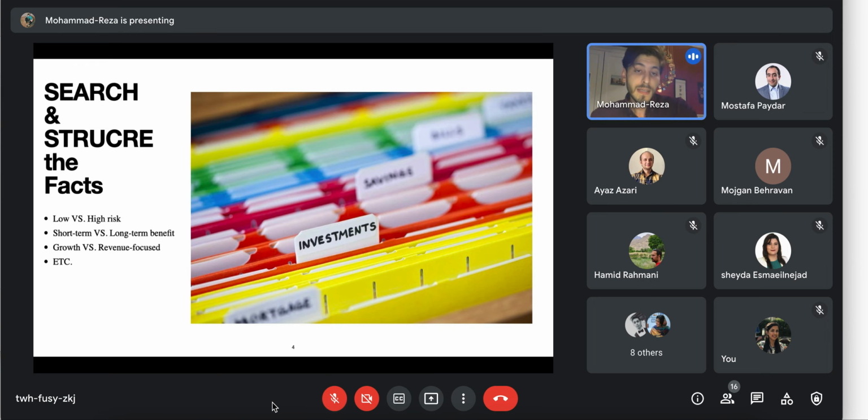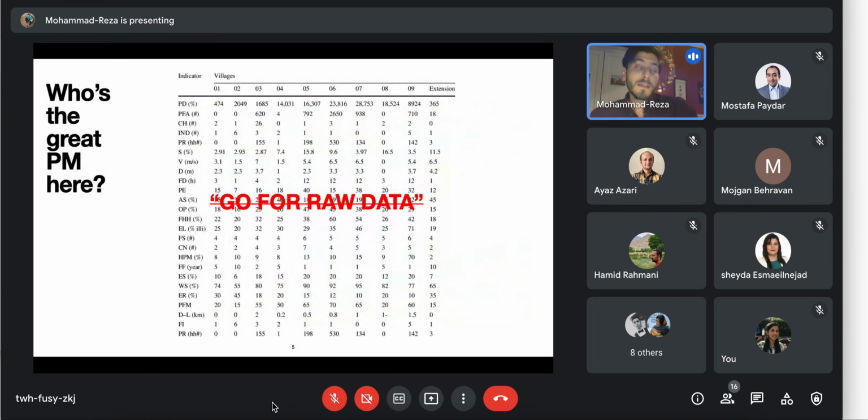Now, if we are PM, who is the great PM in this situation? Imagine that your team is going to discuss with each other, and they have a great discussion and brainstorming session together. And what's your role?